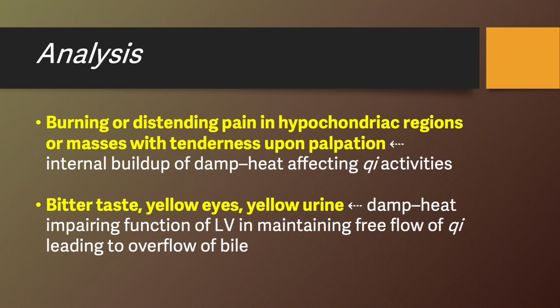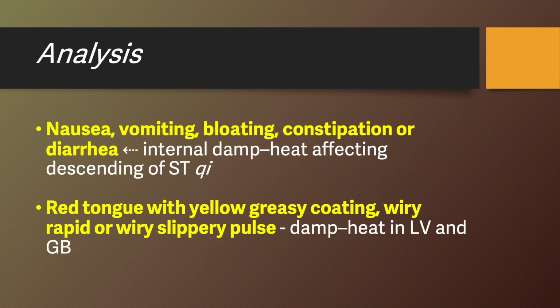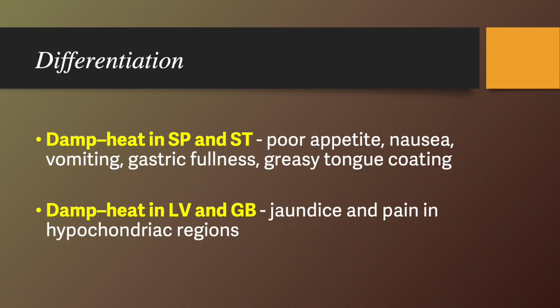A bright orange-like yellow indicates yang jaundice. Internal damp heat may affect the descending of stomach qi, leading to nausea, vomiting, bloating, and constipation or diarrhea. A red tongue with a yellow greasy coating and a wiry rapid or wiry slippery pulse are typical signs of damp heat in the liver and gallbladder.